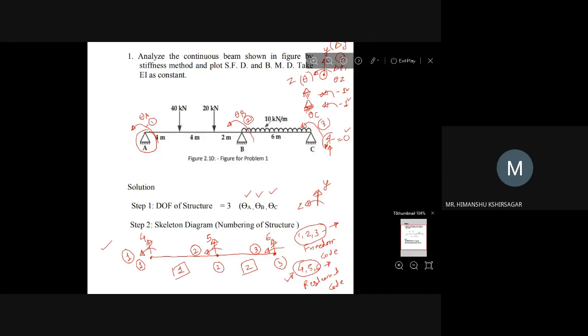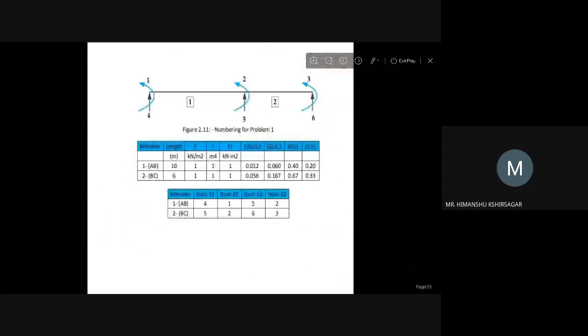And here in case of beam, as it is a horizontal member, its local x-axis and global x-axis will be the same. Hence in case of beam, SM will be equal to SMS. The same diagram I have shown in the next slide.